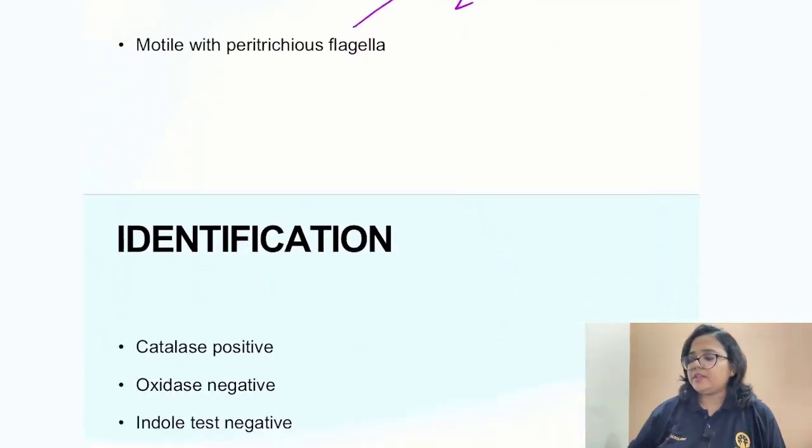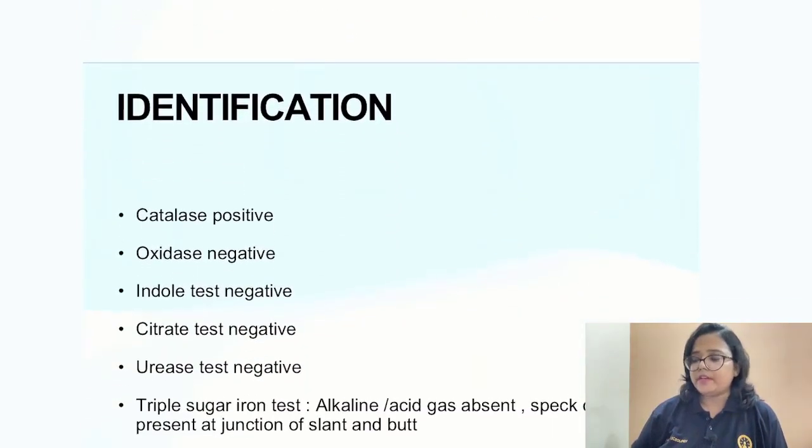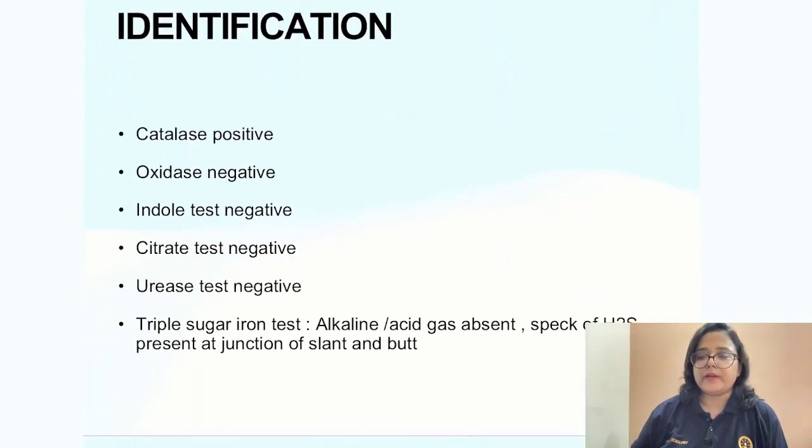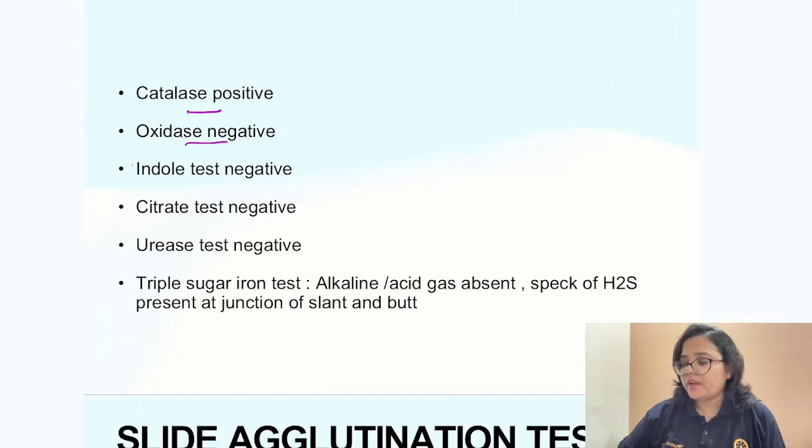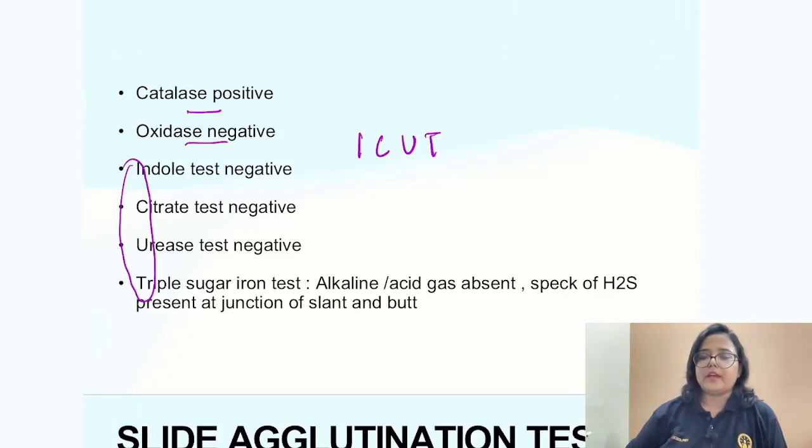And identification is based on a battery of biochemical tests. Based on the classification of Enterobacteriaceae, it is catalase positive and oxidase negative, and we have the mnemonic ICUT: indole, citrate, urease and triple sugar iron agar test, all are negative.